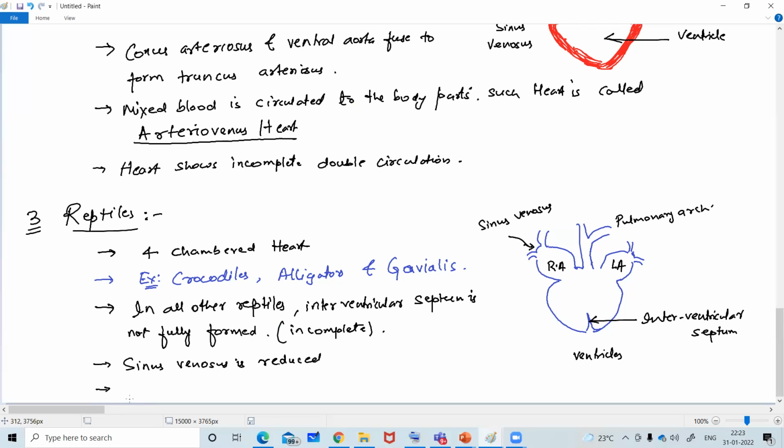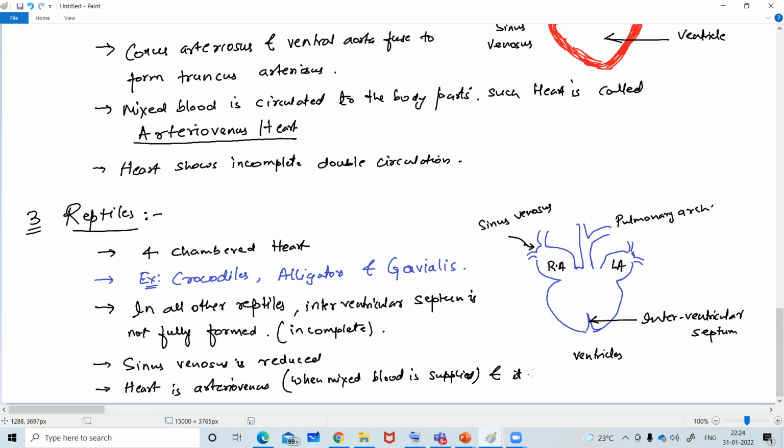Next point, you can say that heart is arteriovenous, meaning mixed blood is being supplied, and they also have incomplete double circulation. Again, here also you can see there is no separation of the heart. So you can't say that oxygenated blood is flowing separately and deoxygenated blood is flowing separately. That is why this heart is arteriovenous, in bracket, when mixed blood is supplied.